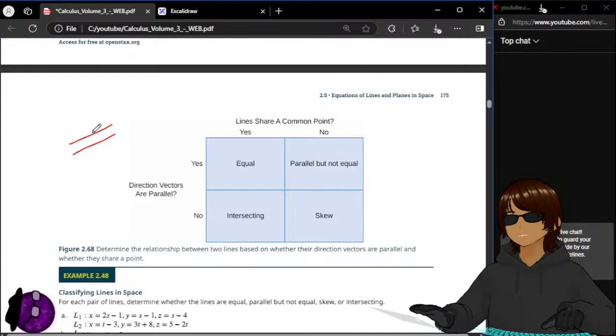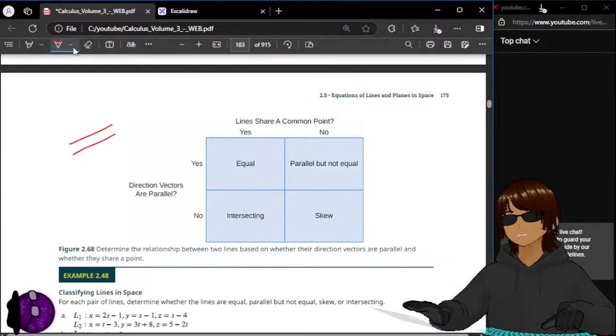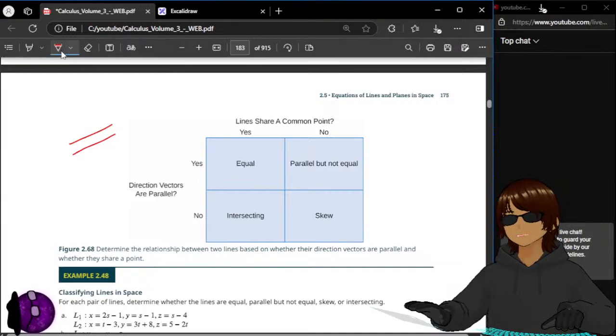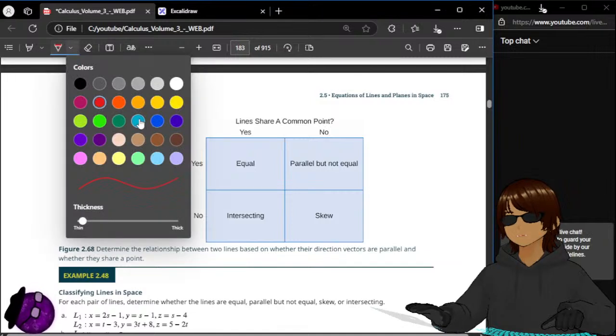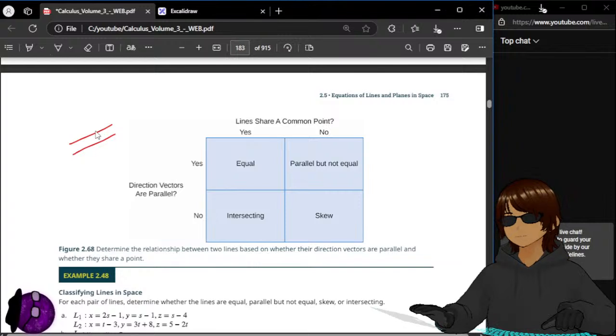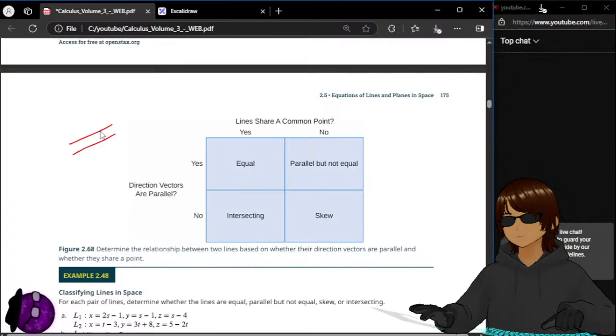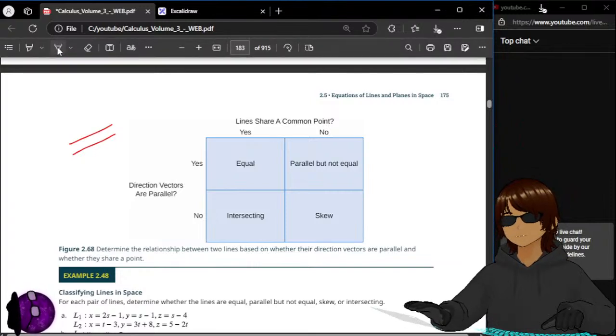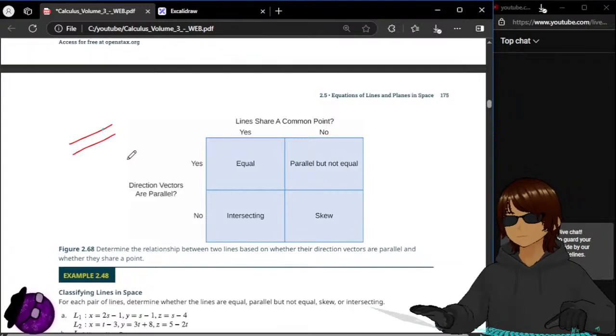So the direction vectors are equal and they would share a common point, and then it's equal.